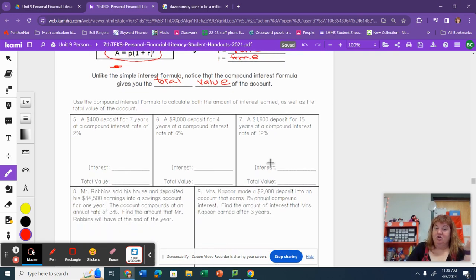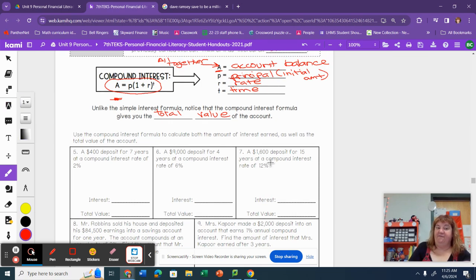Okay. So, I'm going to do this first one, then I'm going to have you do the second one. Again, we're just using this formula. A $400 deposit, so 400 is our P, times 1 plus our rate, 0.02, and then 7 years.